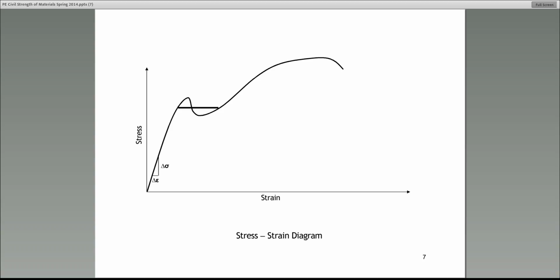Now, as I told you, I want to use slide number 7 to demonstrate what yield behavior is. All right? Here's what I want you to please imagine. Remember I told you about this double kink? Well, what if I come along and rather than showing the double kink, I approximate the behavior?